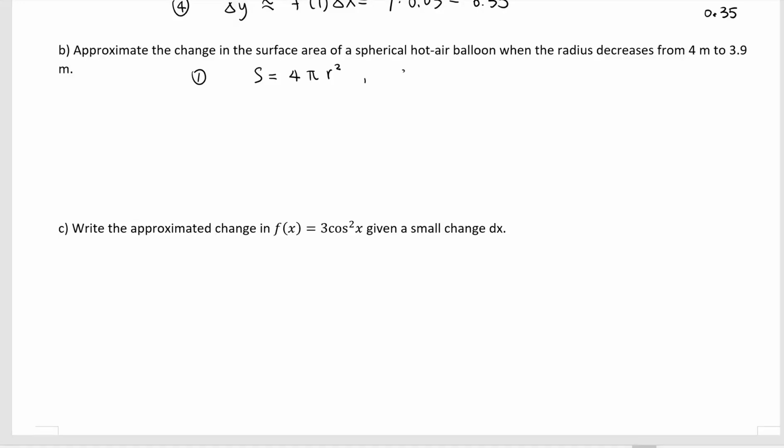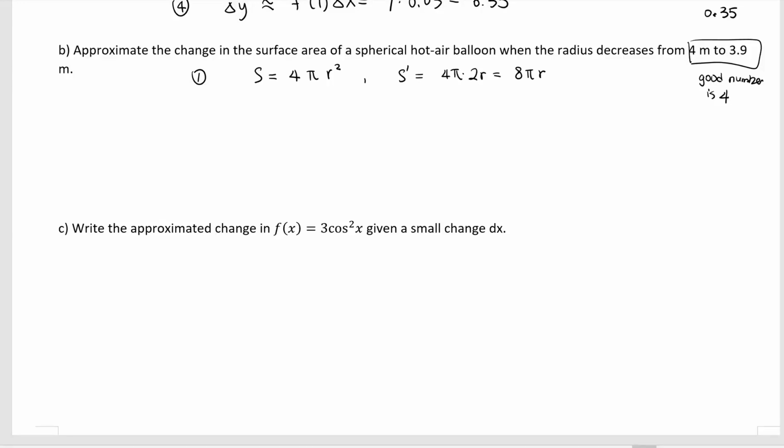Okay, so we want to figure out what's s prime. S prime, 4 pi stays there. Derivative of r squared is 2r. So we have 8 pi r. Okay, what is a good number? Well, a good number between 4 and 3.9 is 4.